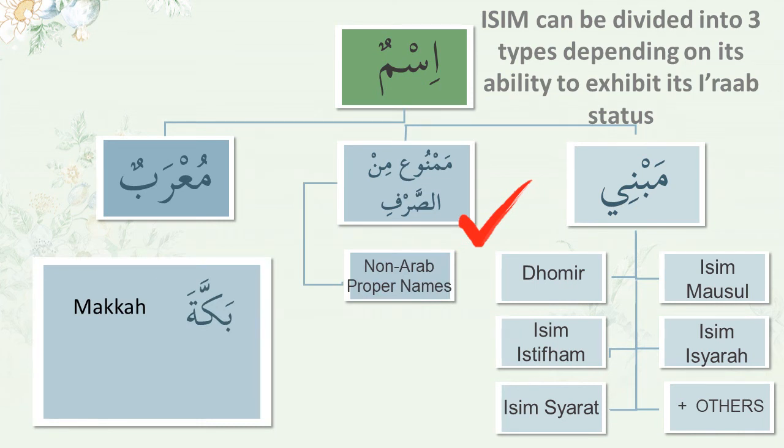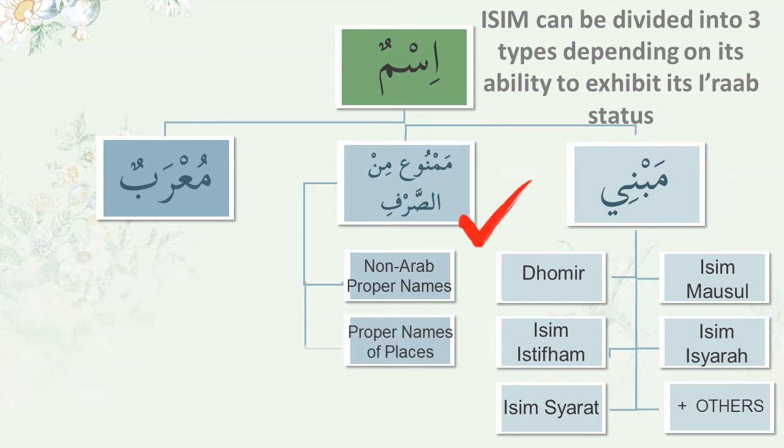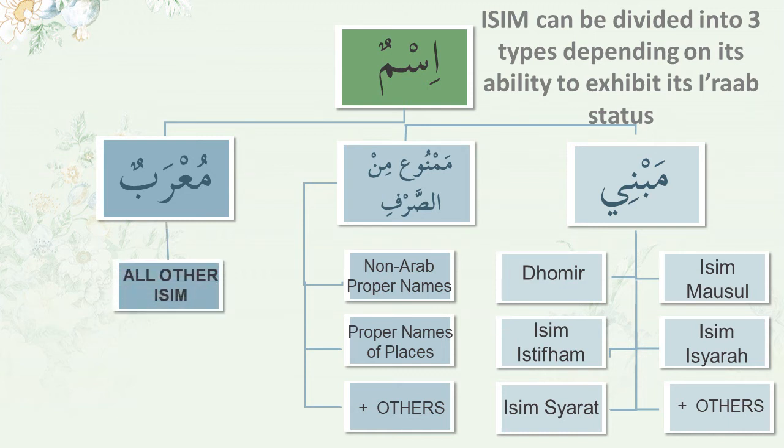Proper names of places like Mecca or Bakkah as mentioned in the Quran. And various other words. So which words are considered mu'rab? The answer is everything else. All isim other than isim mabni and mamnu min al-sarf are mu'rab.